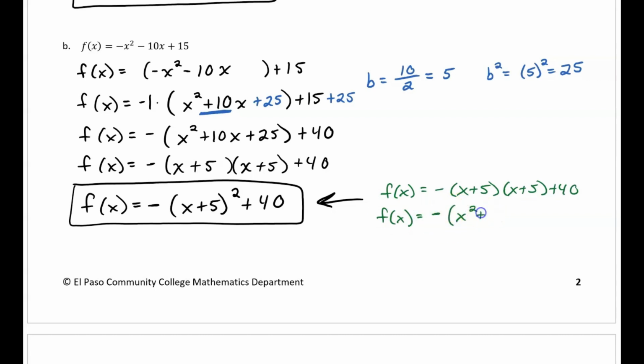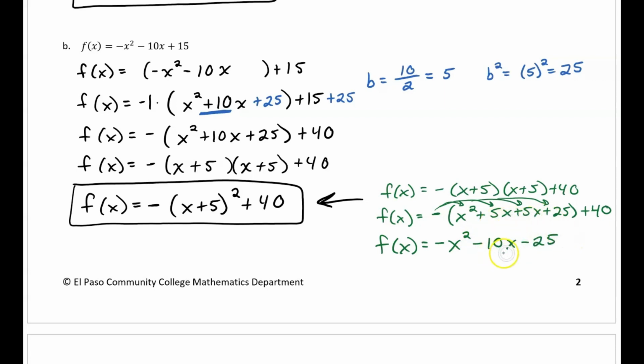I would do the opposite of the factoring, and I would multiply everything through. So I'd have x squared plus 5x plus another 5x plus 25, and then the 40 is still kind of tagging along. At this point, I would distribute the negative all the way through, combine like terms, and I'd have negative x squared minus 10x minus 25.